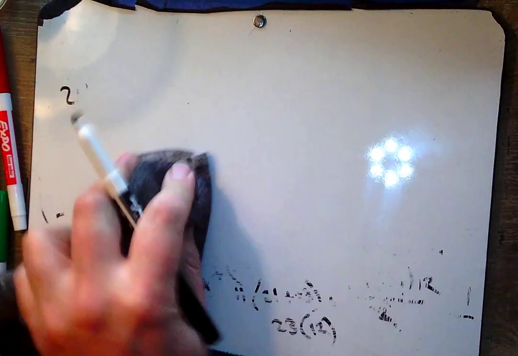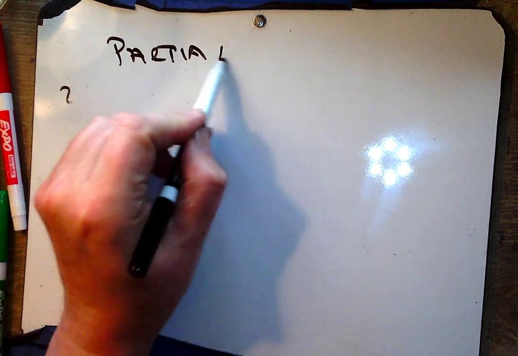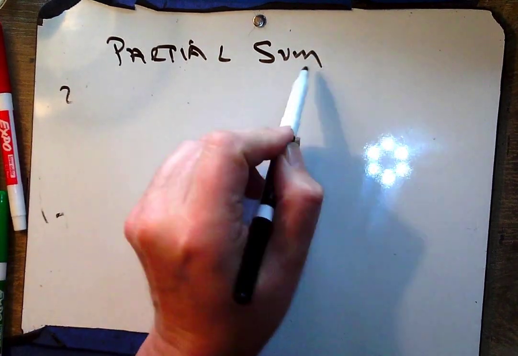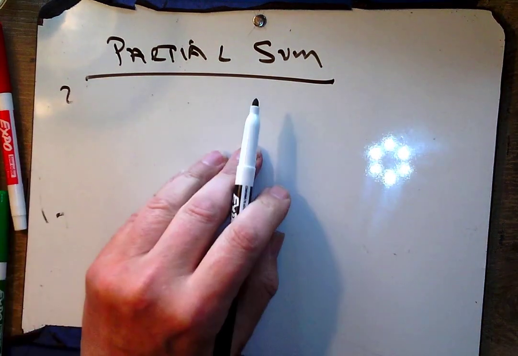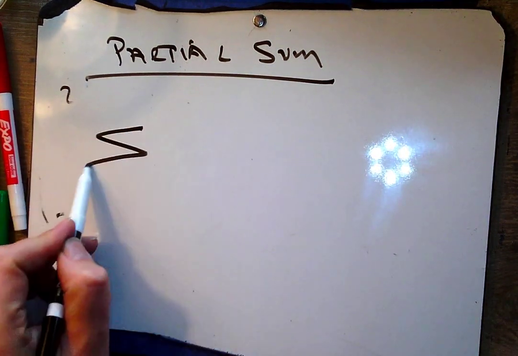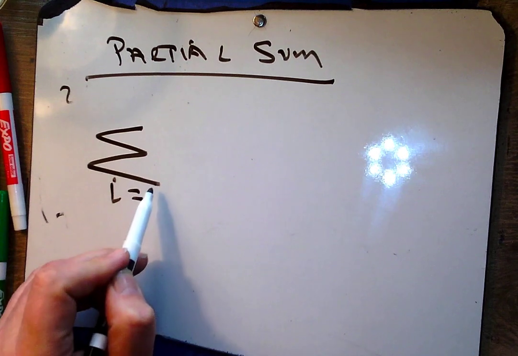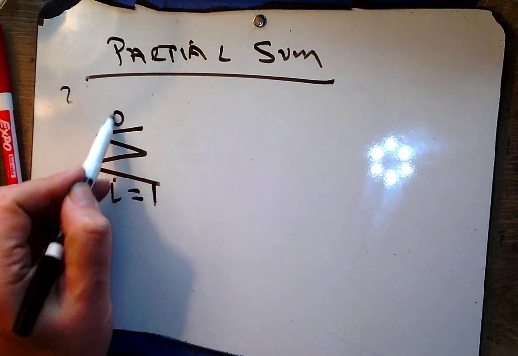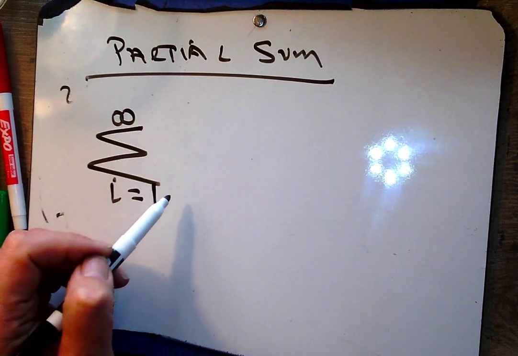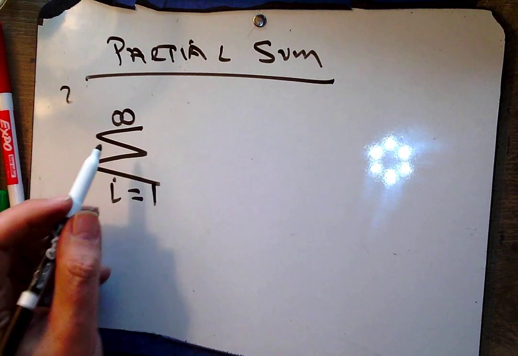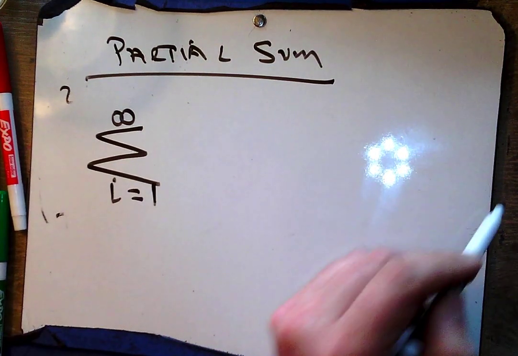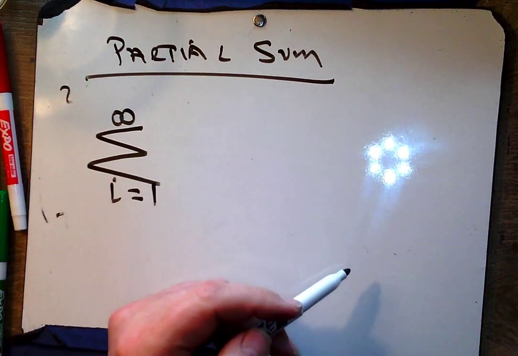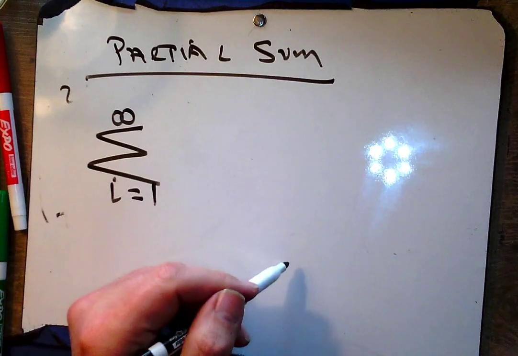Okay. So, what about partial sums? Partial sum. So, for example, if I see i equals 1 to infinity, I can't write out an infinite number of terms in this sequence that I would then add together.